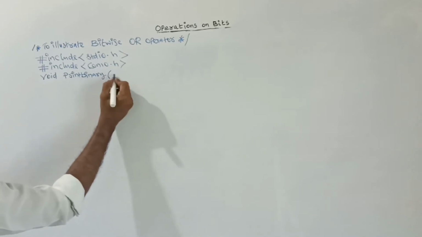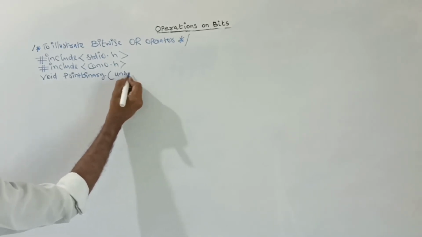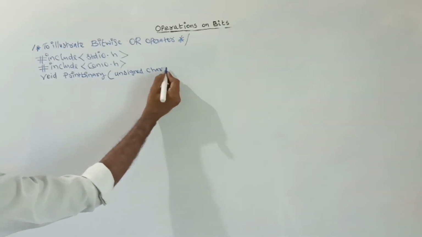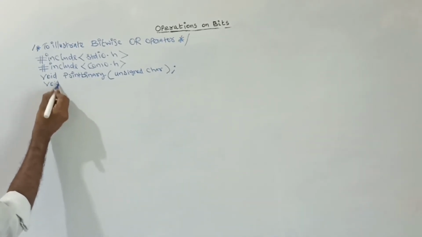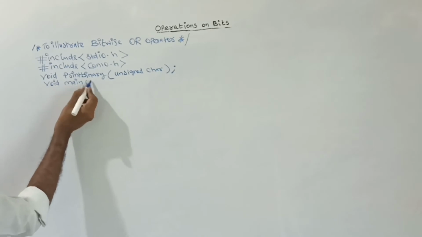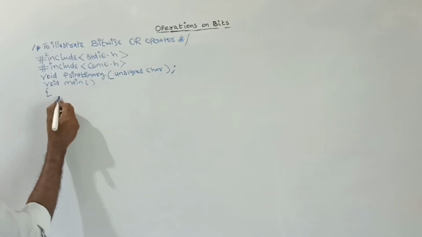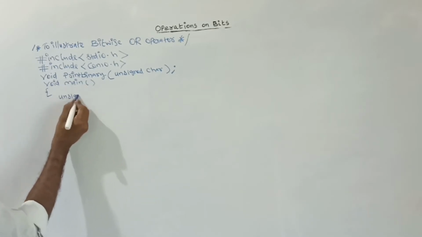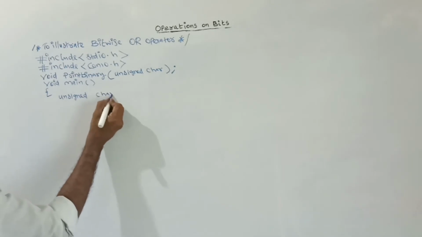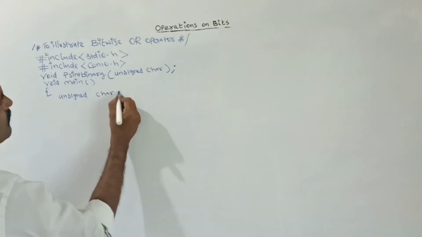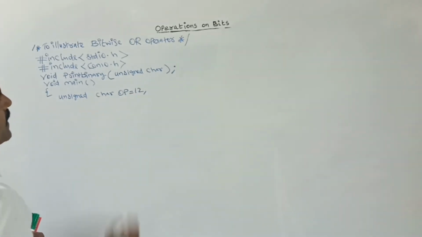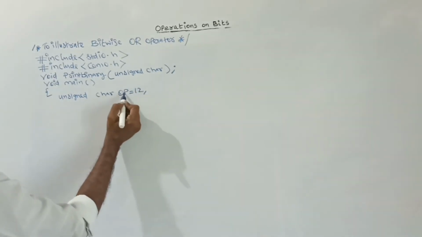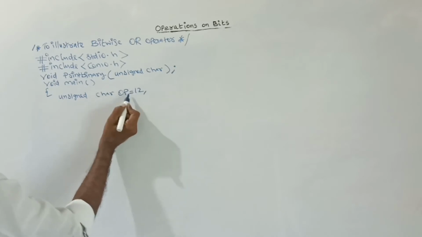Here I am passing the data type unsigned character. Next, the main function. Here I am declaring the variable, an unsigned character. Directly I am giving the value 12 to the operand. So this is the constant value.